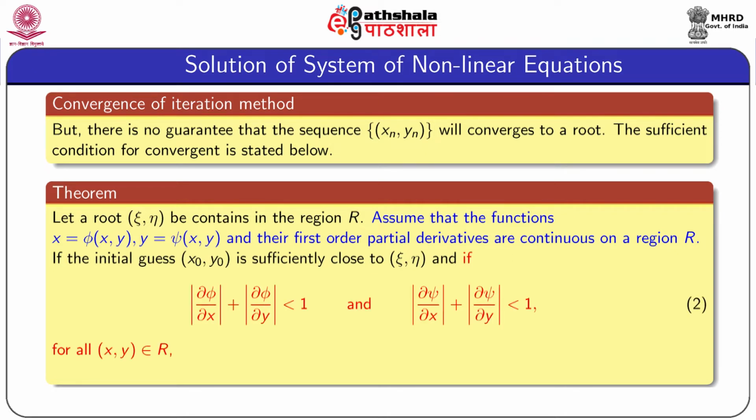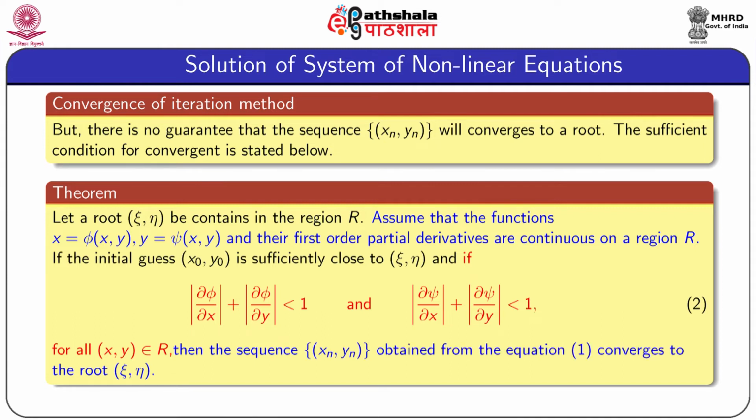If the absolute value of the partial derivative of phi with respect to x plus the absolute value of the first derivative of phi with respect to y is less than 1, and the absolute value of the first partial derivative of psi with respect to x plus the absolute value of the first partial derivative of psi with respect to y is less than 1 for all values of x, y within the region R, then the iteration scheme xn, yn obtained from equation 1 converges to the exact root xi, eta.